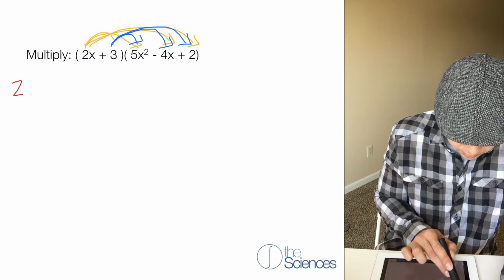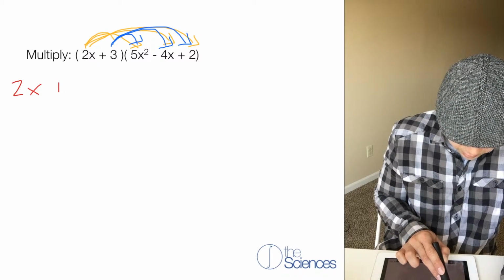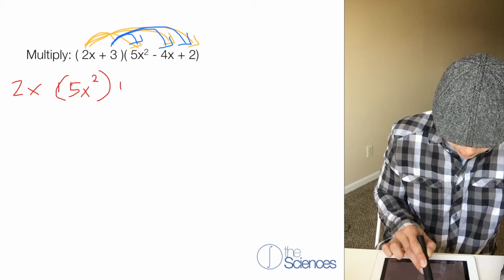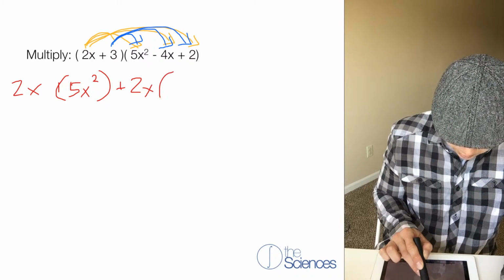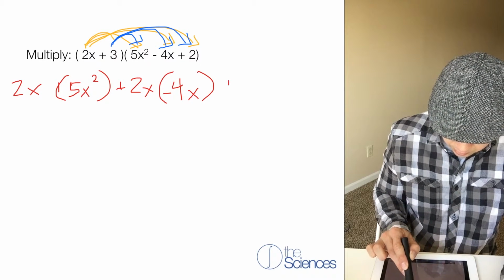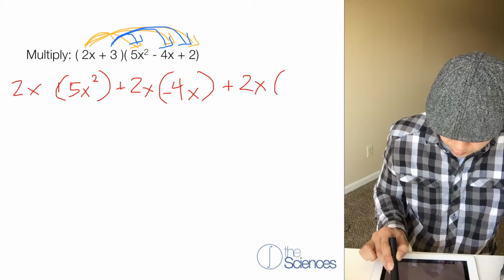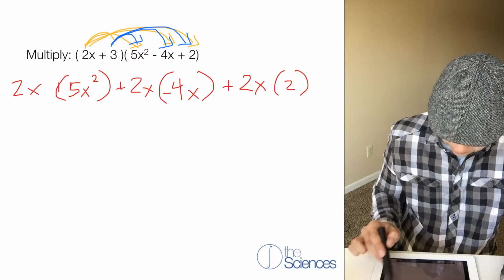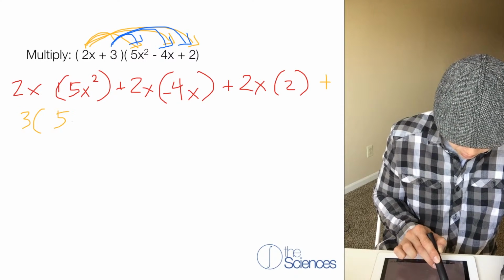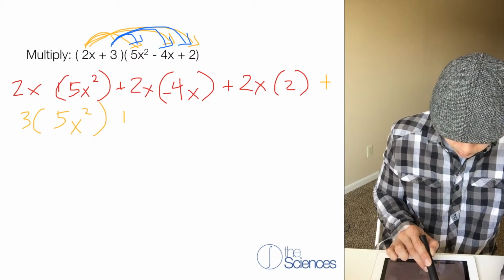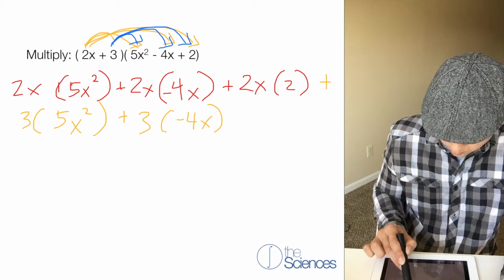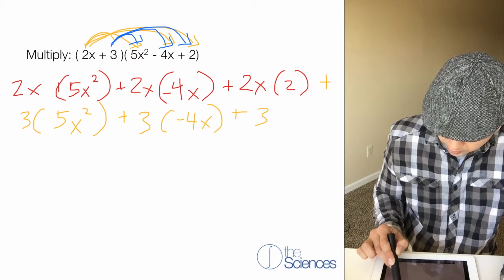So we have 2x times 5x squared, plus 2x times negative 4x, plus 2x times 2. Then we have plus 3 times 5x squared, plus 3 times negative 4x, plus 3 times 2.